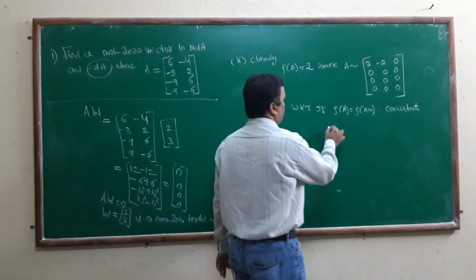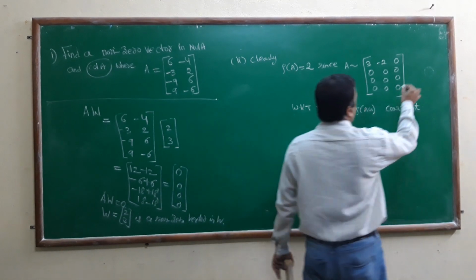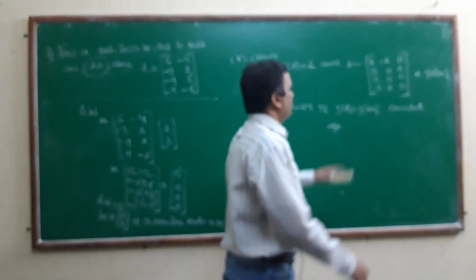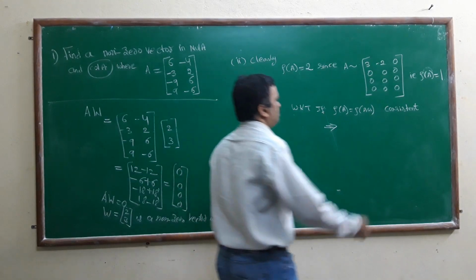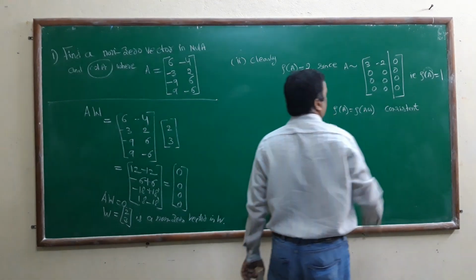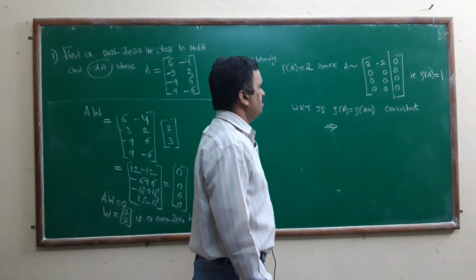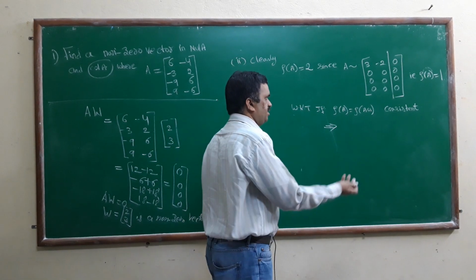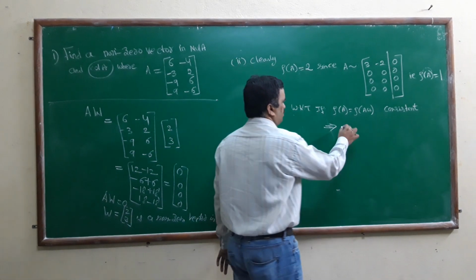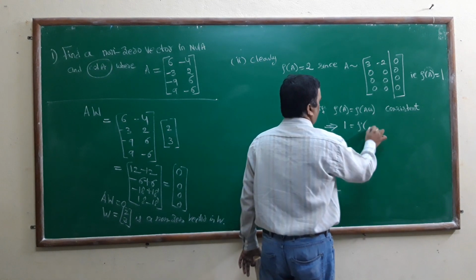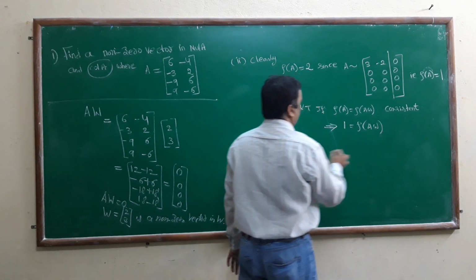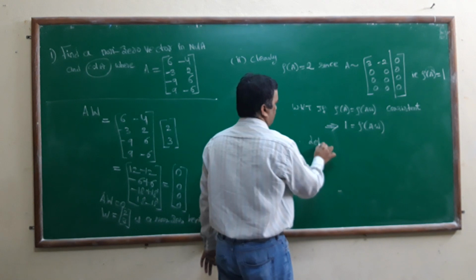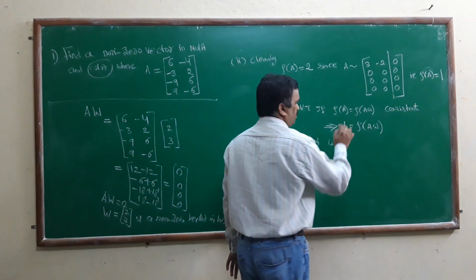Nothing but already we have rank of A. Rank of A, how much we have? 1 we have. Rank of A is 1. So simply I can say rank of AW is also 1. Therefore, let W be such that rank is 1.